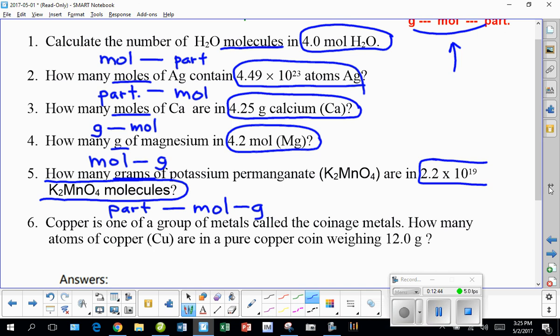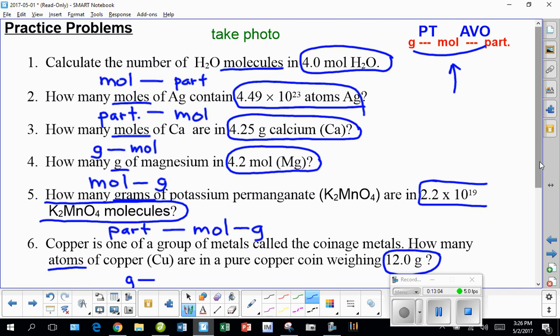Okay, I'm back, and we've got copper at 12 grams, and they're asking for atoms. So we're given grams. You can't go to atoms directly. Okay, you got the same problem that we were talking about up here.